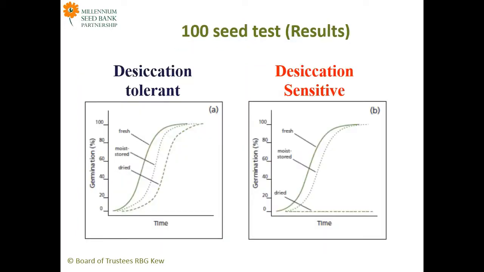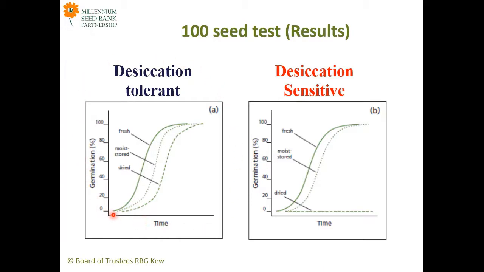This is what the 100 seed test results might look like. You'll have a graph with percentage germination on the y-axis and time on the x-axis. If your seeds are desiccant tolerant, you will have the curve that resembles one on this side.